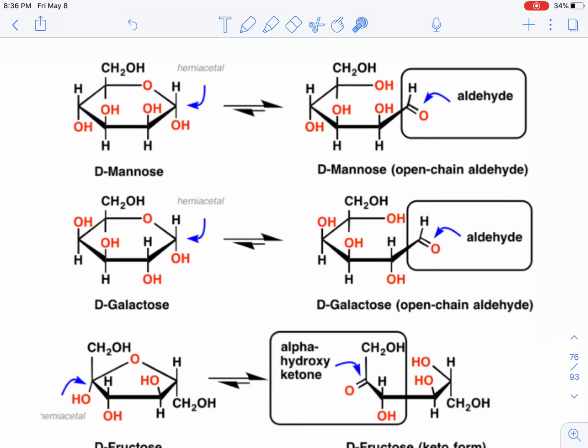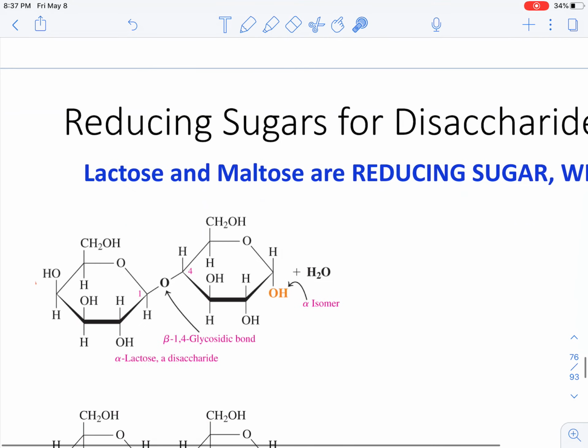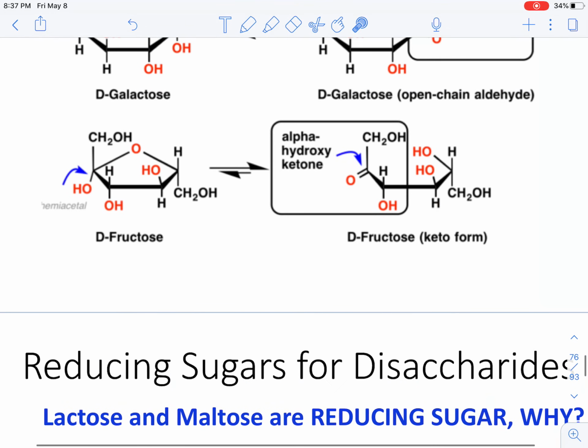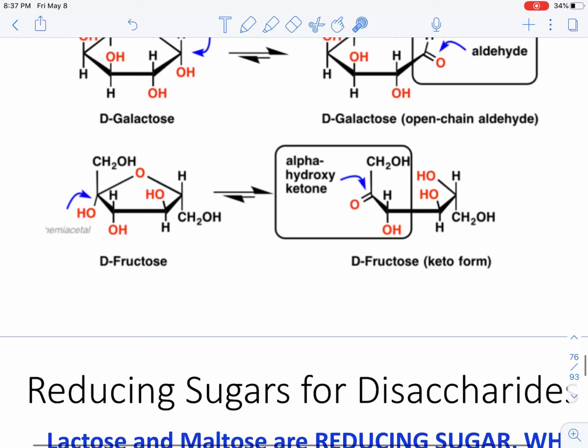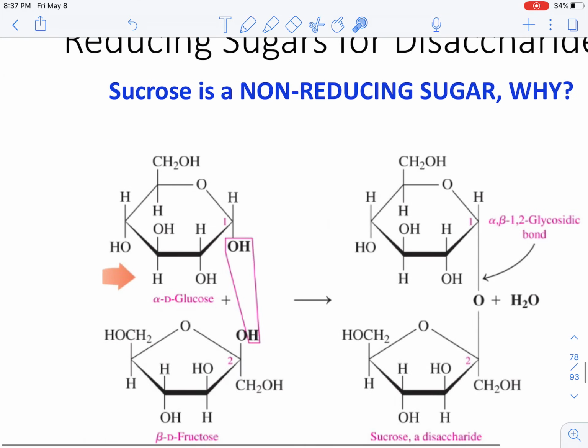And so a similar mechanism can occur for ketones. And so here we have fructose. Fructose is a ketose. So once the ring opens up, the ketone is available. And so let me see here. So I think there's a slide.